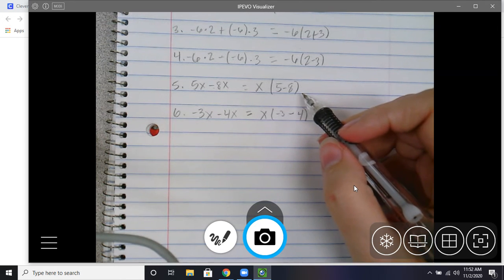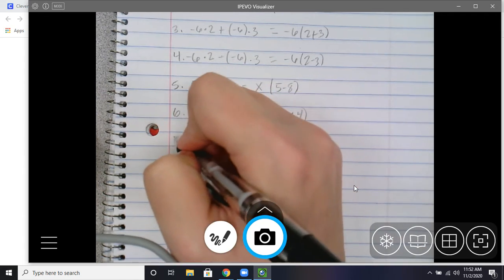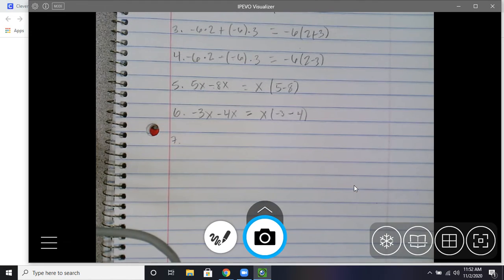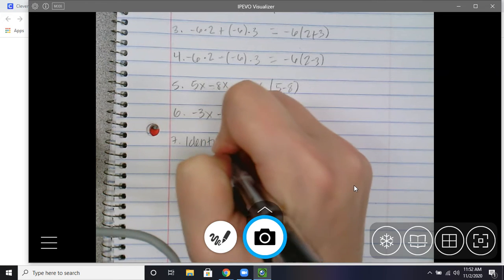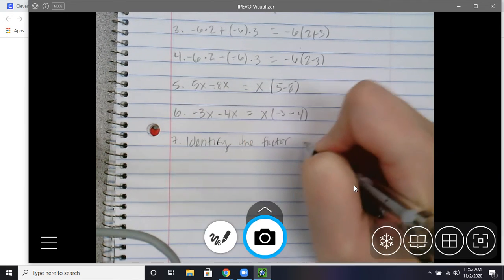Number 7, explain how to factor an expression with subtraction. So you are going to identify the factor they have in common.